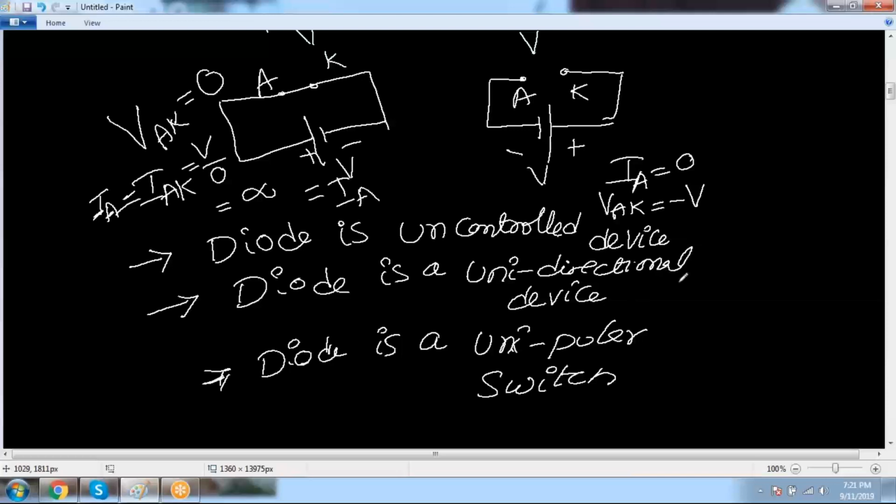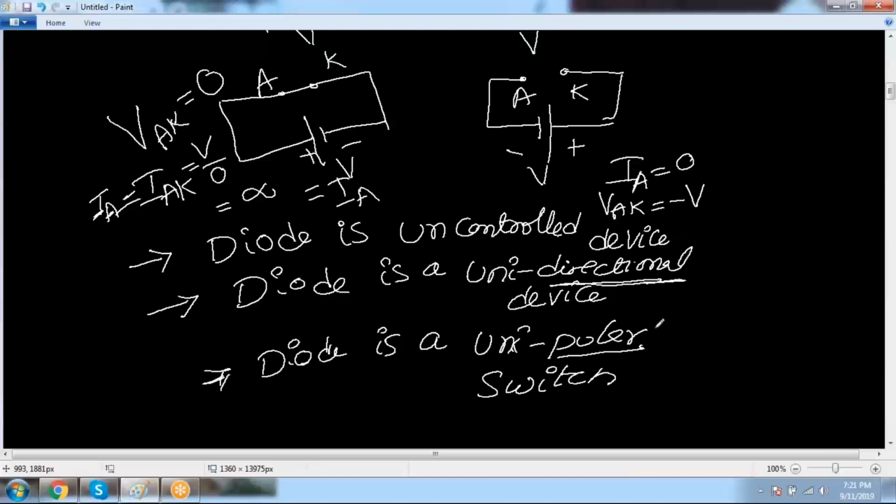If you look here, it is directional. Is direction indicated for voltage or current? Students, tell me, direction is always indicated for current. Polarity is always indicated for voltage.